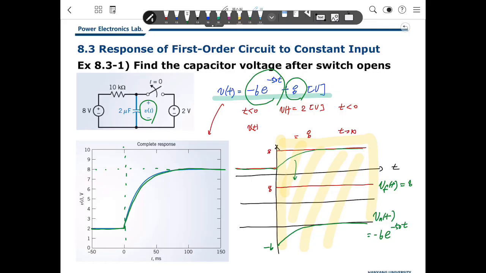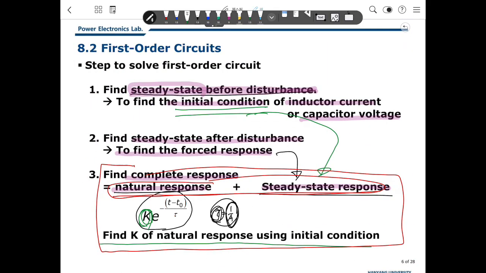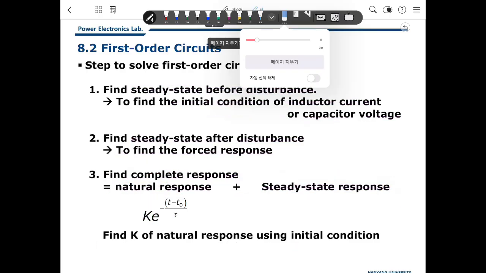This is the way how to solve the first order circuit. Recall, we summarize here. What should we do? First, we need to know the initial condition. In the case of an inductor, the current. In the case of a capacitor, we need the voltage as the initial condition.